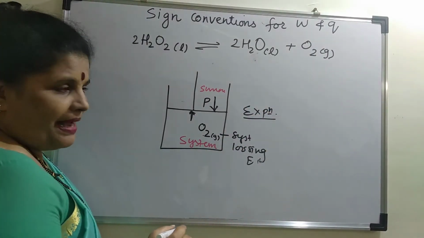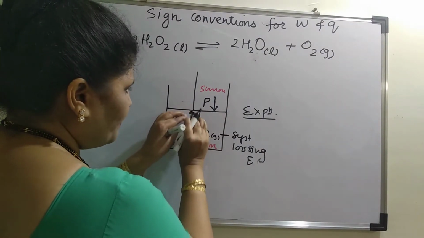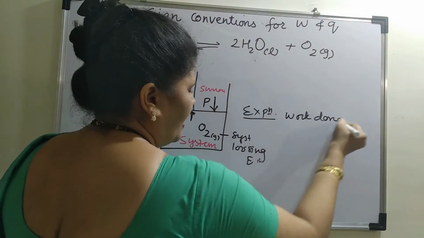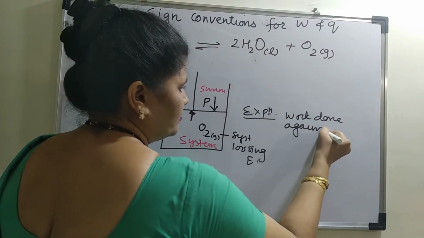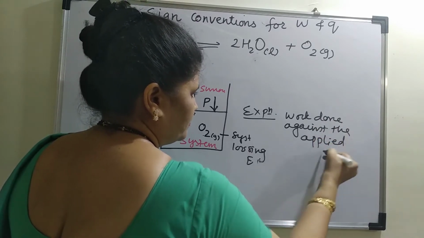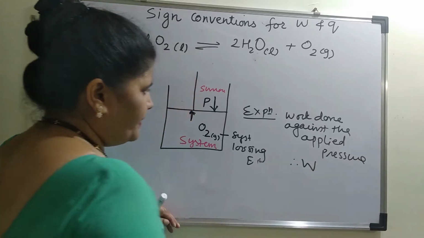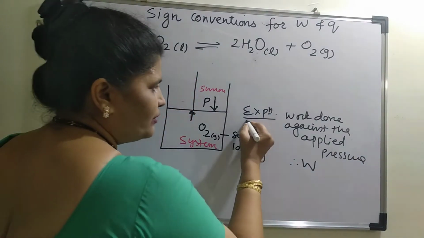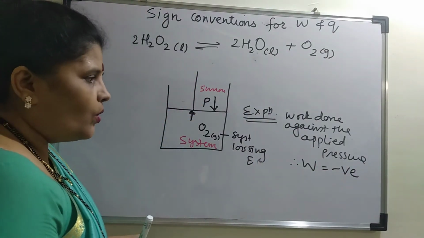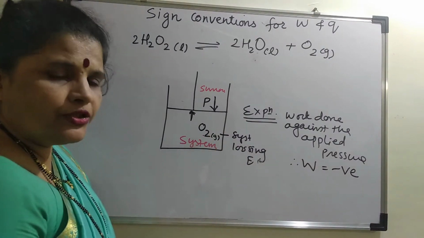So during expansion, as the gas is pushing the piston up, the work is done against the applied pressure. And therefore, work obtained during the expansion process is always negative. Now, who is doing the work? The one who is losing its energy is doing the work.